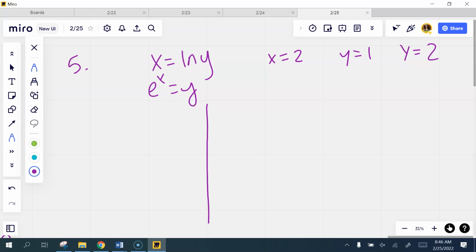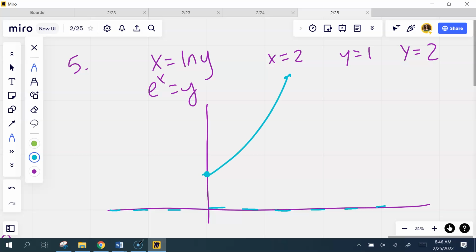Then I can just graph. Got an asymptote at 0. It's a growth graph that goes through 1. So this is e to the x.